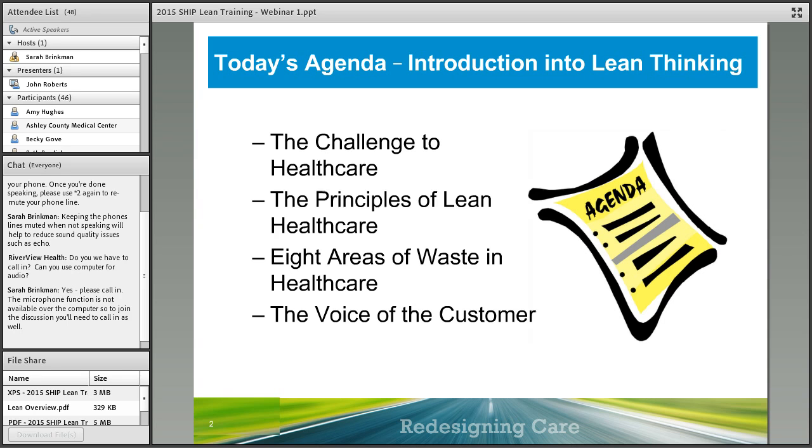What we've seen with hospitals that we've worked with is that they have to have a very strong why as to why they're getting into it. Lean is not easy work, and as you'll see as we go through, it takes some significant commitment from the senior leadership, and it's more than just a set of tools, as we'll talk about. It's really a culture transformation and looking at things in a completely different way.